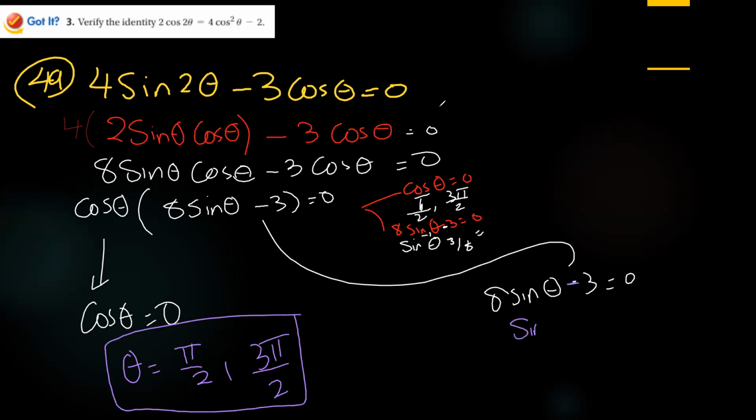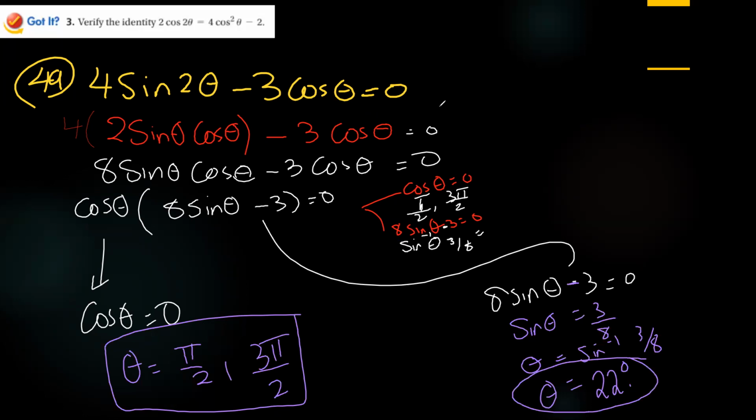So sine theta is 3 over 8, so theta will be sine inverse of 3 over 8. From the calculator, sine inverse of 3 over 8 will be approximately 22 degrees.